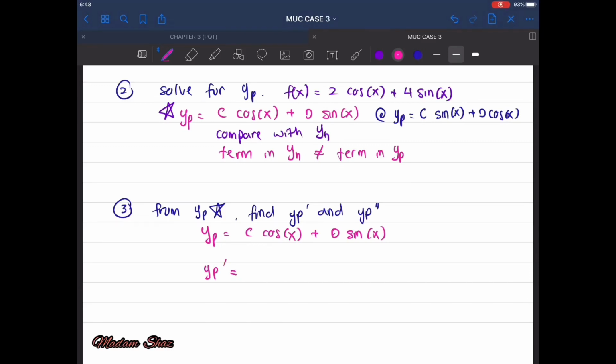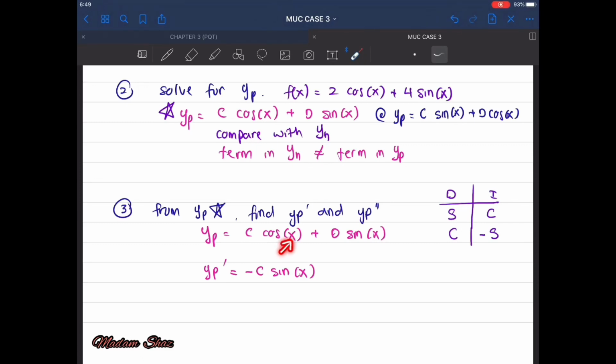YP prime will become, so you want to differentiate. Sin will become cos, differentiate cos will become negative sin. So now you want to differentiate C cos x. Differentiate cos, your answer will become negative sin. So YP prime will become negative C sin x.